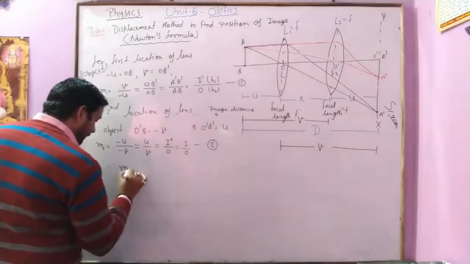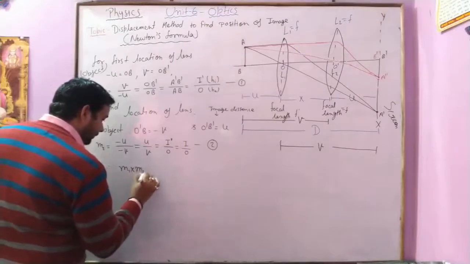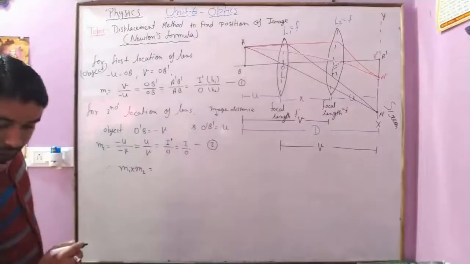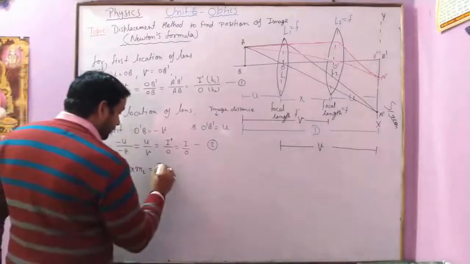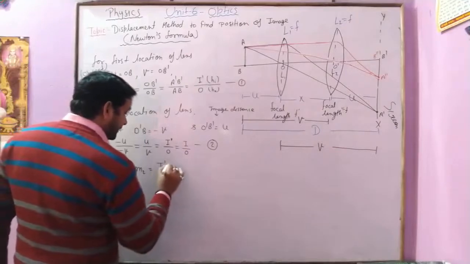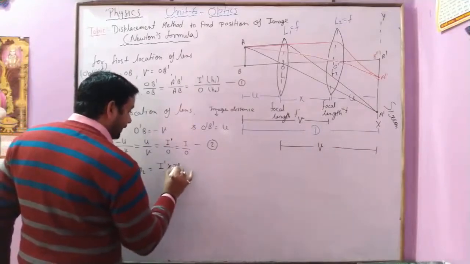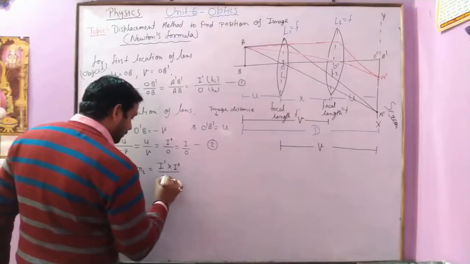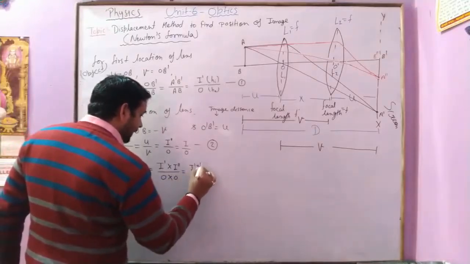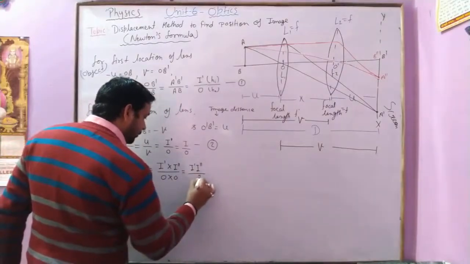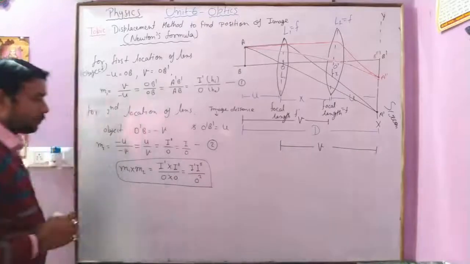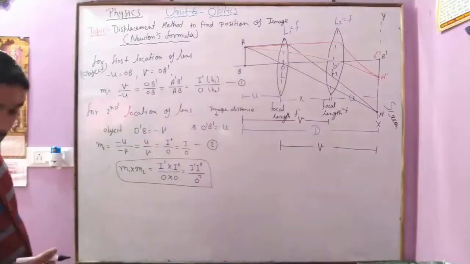Therefore m1 into m2 is equal to I dash into I double dash upon O into O, that is I dash I double dash upon O square. This is the value of magnification produced by the lenses.